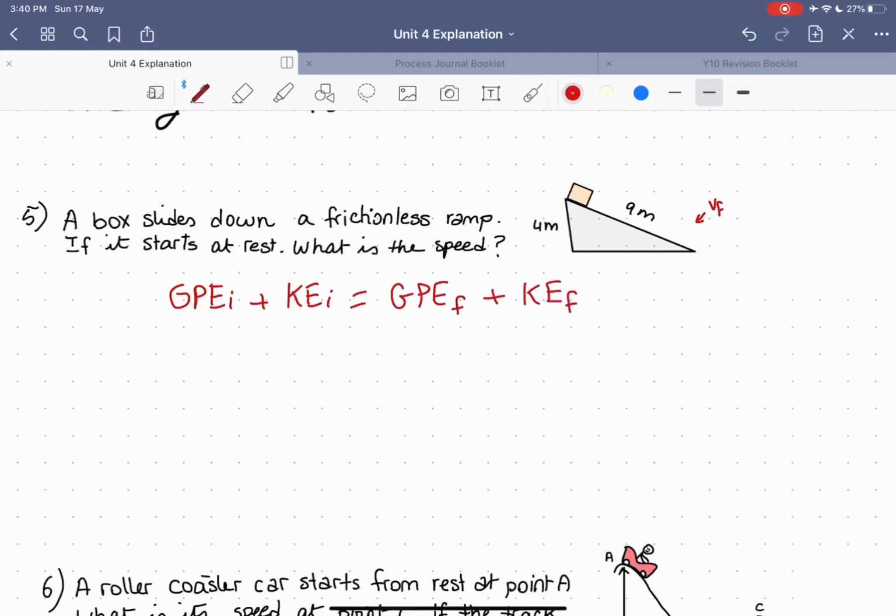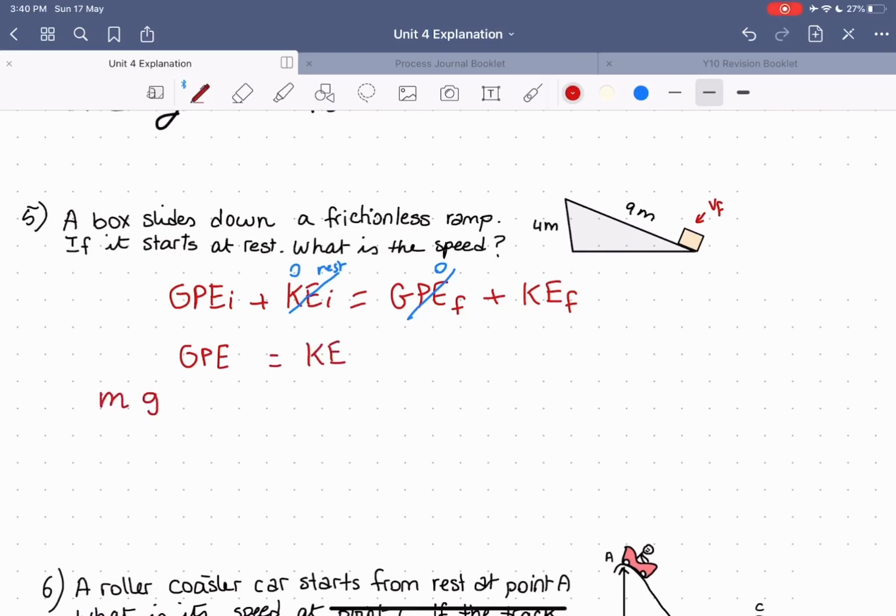That's the rule. But since the box starts from rest, so no motion initially, and since the box will reach the bottom at the end, so no altitude away from the ground at the end. And so the equation will be simplified to GPE initial is equal to KE final.